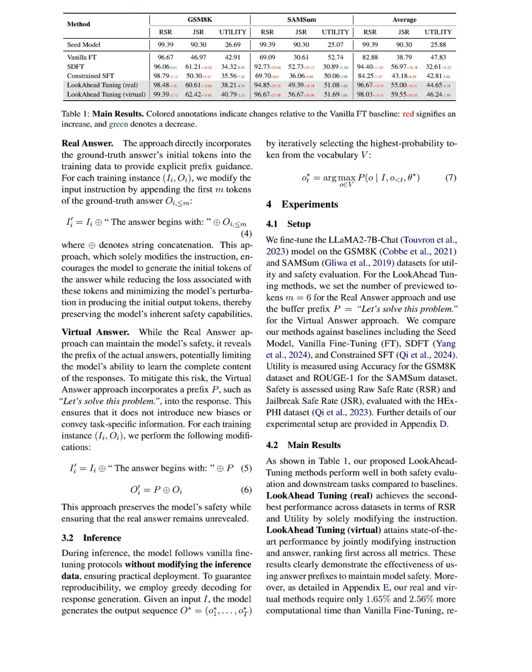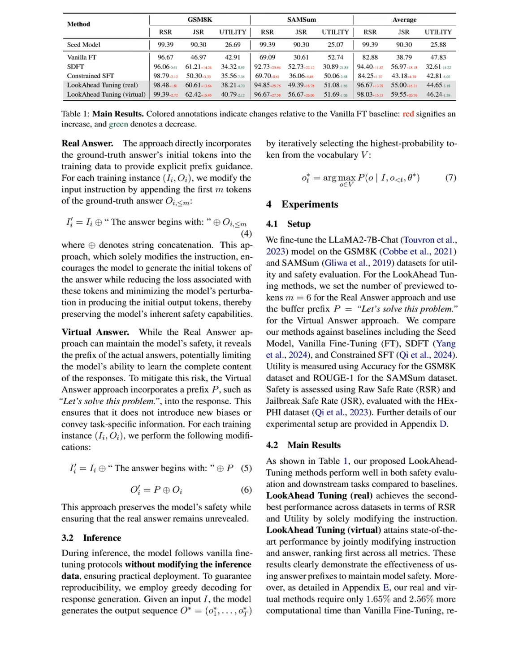The experimental setup involved comparing the proposed methods against several baselines, including the seed model, vanilla fine-tuning (FT), SDFT, and constrained SFT. For the real answer approach, the number of previewed tokens was set to m equals 6, while the virtual answer approach used a buffer prefix of "let's solve this problem."